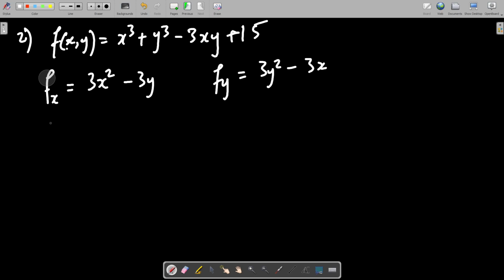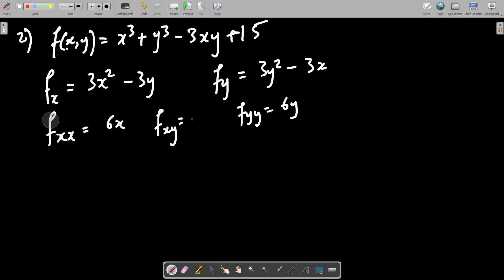Since we are already in the mood of taking derivatives, why don't we find the second order also straight away? Fxx is going to be 6x, Fyy is 6y, and Fxy, or Fyx also for that matter, both of them are equal to minus 3. Okay. What remains for us is only to find the critical points.